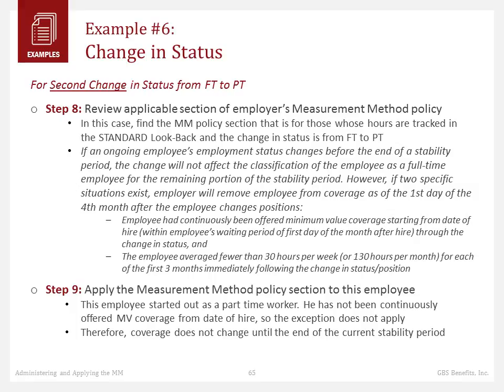If an ongoing employee's employment status changes before the end of a stability period, the change will not affect the classification of the employee as a full-time employee for the remaining portion of the stability period. In other words, you're just going to follow the normal look-back rules until the end of the stability period.